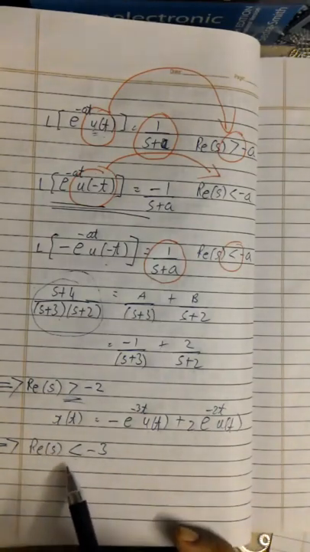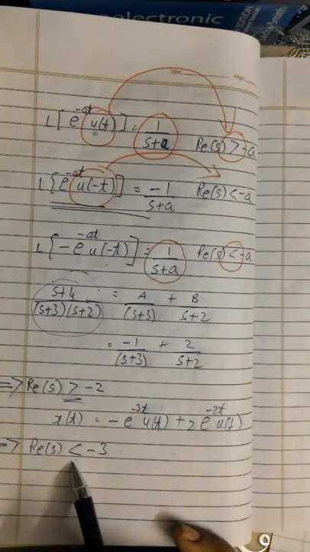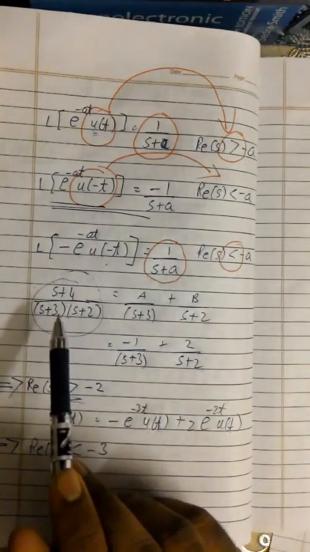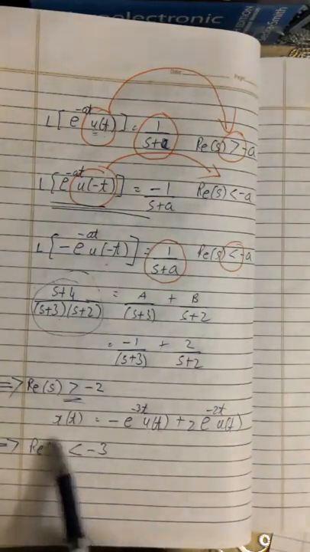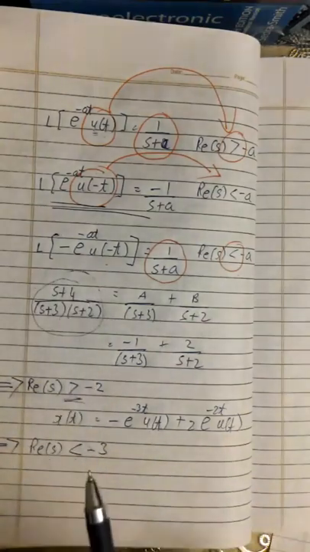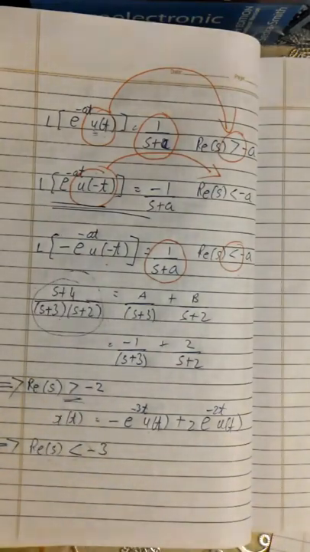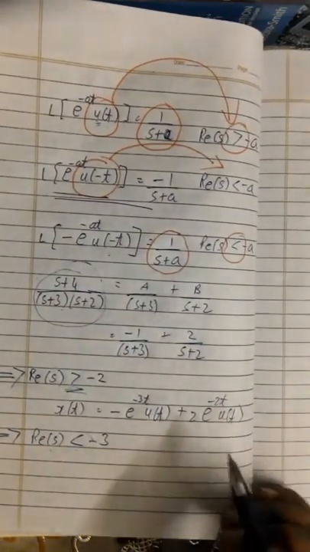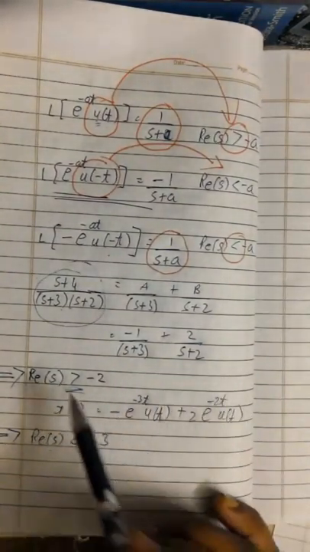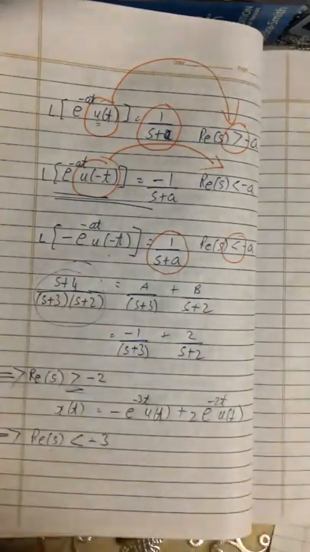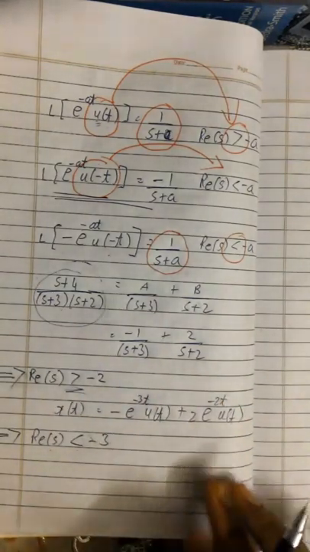As soon as you see this, you should understand that this question is a left-sided signal, less than minus 3. If you see a question like this, then you should understand that this is a left-sided signal. So left-sided signal means I'm going to multiply each of these functions over here with minus 1, and then I'm going to attach u of minus t.